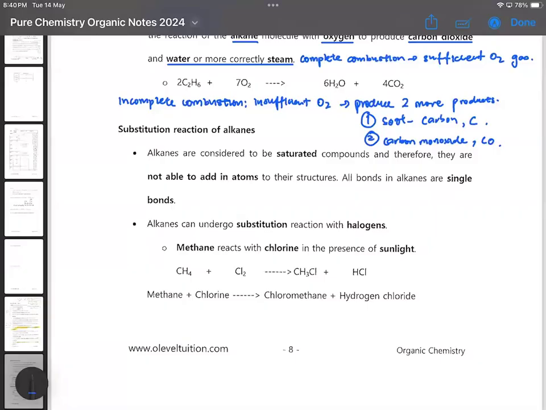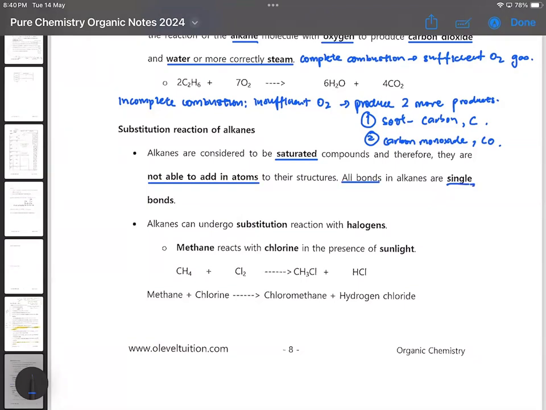Okay, let's look at substitution reactions. First of all, there's a term here that you need to know: saturated. The opposite of this is unsaturated. When we have saturated compounds, it means that we are not able to add any more atoms to it, and all the bonds are likely to be single bonds.